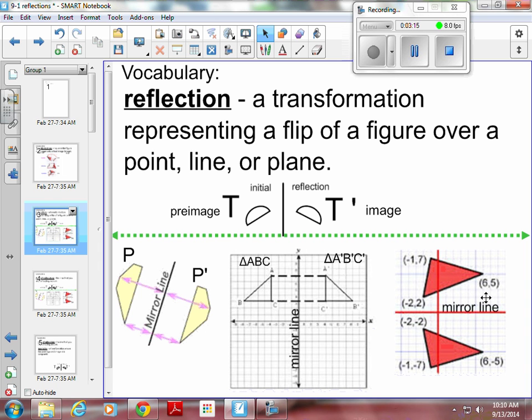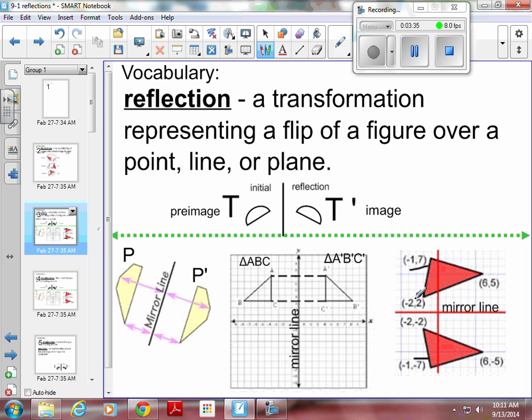And then on this one, we're reflecting across a mirror line that is basically the x-axis. And so if you notice, our points that are above the axis come straight down. So if it was 7 above, that's what this 7 right here is telling you. We're 7 above the x-axis. We're going to go to -7, so 7 below the x-axis.